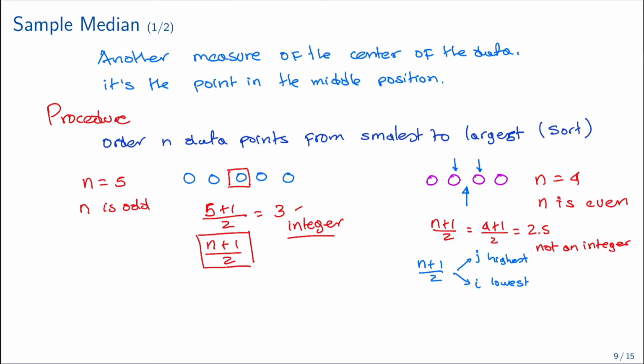In this example, the lowest position is position 2 and the highest position is position 3. So we take the average of the two, the average of positions i and j.